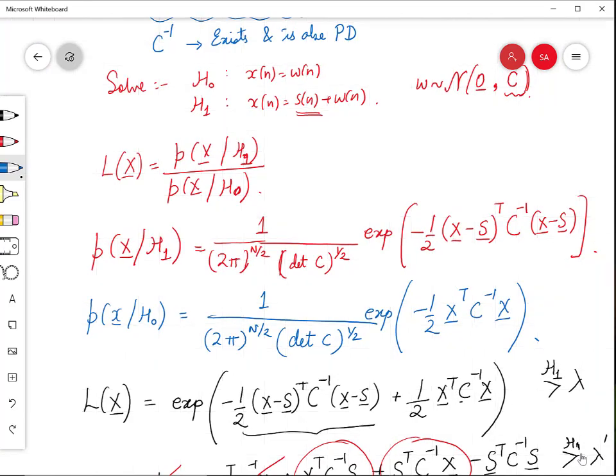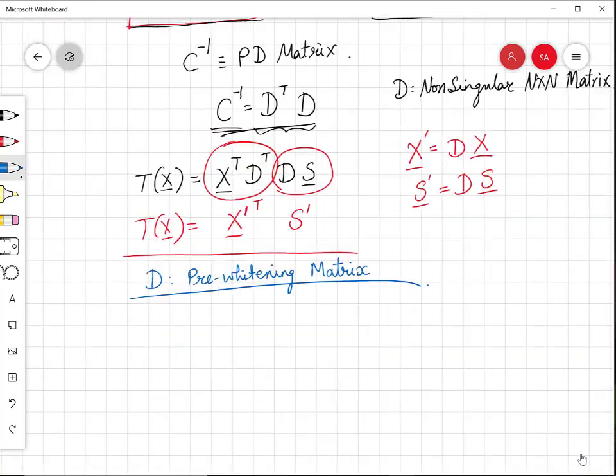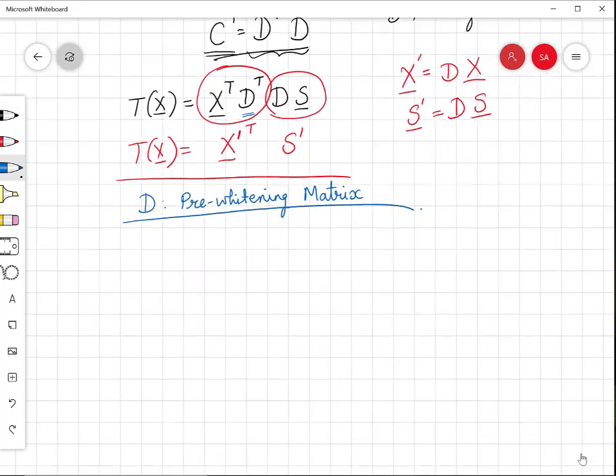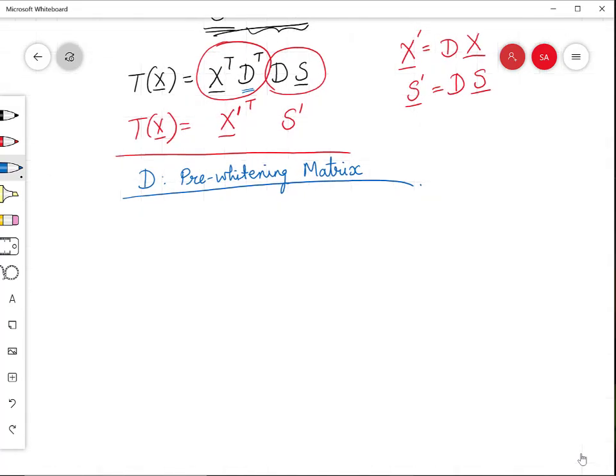But when we multiply the noise with D, the noise becomes white. I'll show you how. I'll take this particular expression here, X dash is equal to D times X.